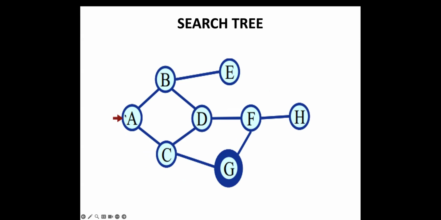So the first state is the initial state, that's the one you are going to look at. Then you ask yourself, is this a goal? No, it's not a goal. So we record that, and then we're going to look at the children.